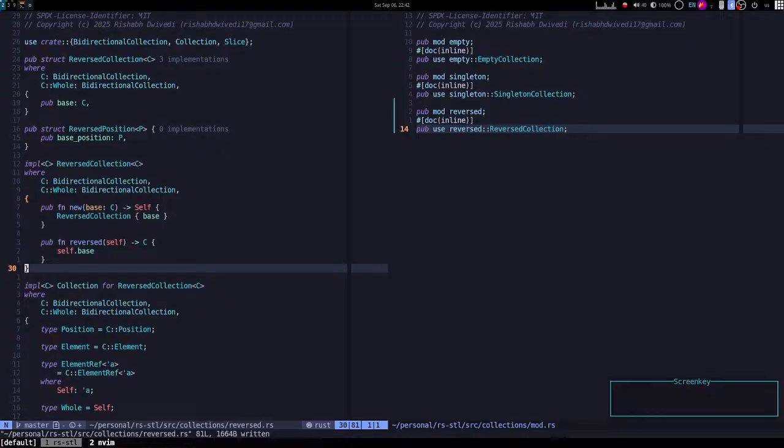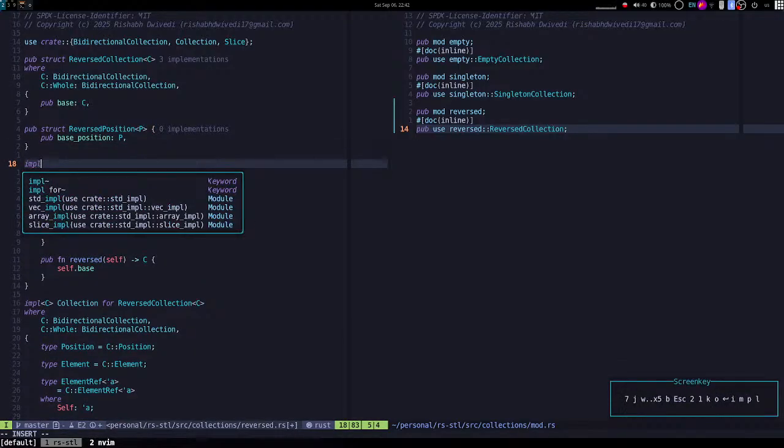So ReversedCollection, and we have base position, that is p. This seems nice. Now the position should be comparable.